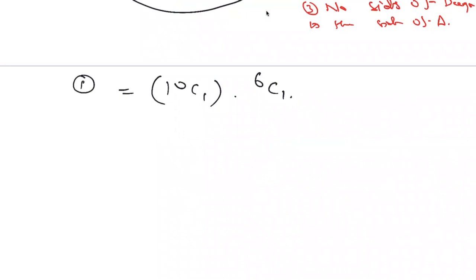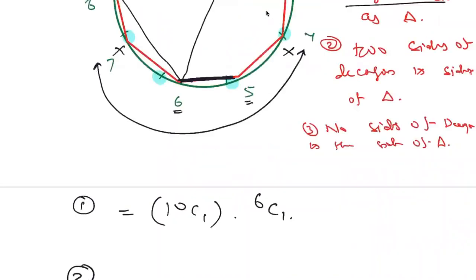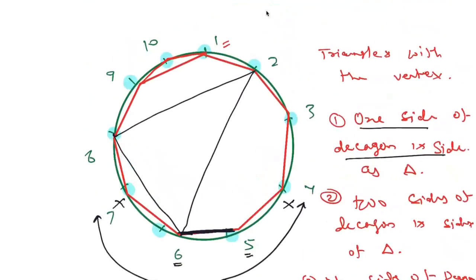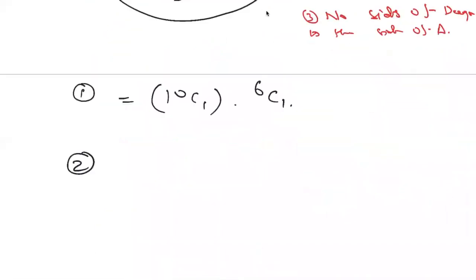right? Second case, two sides will be common to the side of decagon. We know that we are forming a triangle, right? In the same way, if I'm taking the vertex 1, 2, 3, 2, 3, 4, up to 10, 1, 2. So we have 10 options.